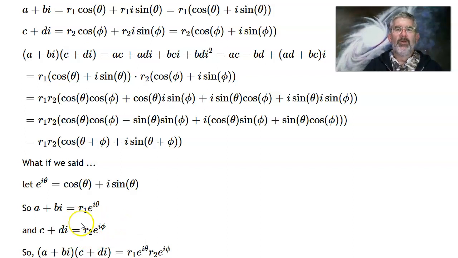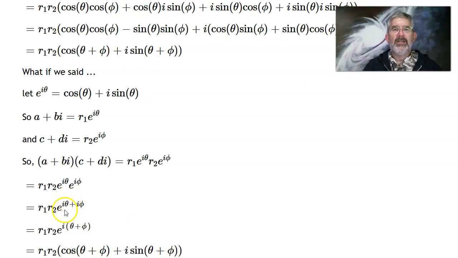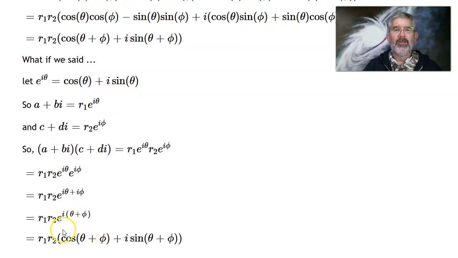But notice what happens when you multiply these two things together. How do you multiply those? Well, you got four things being multiplied together, so do it in any order you want. So put the r's out in front first. And then you got the product of those two exponentials. Now, how do you multiply two things with the same base? You keep the base and you add the exponents. So I'm multiplying, yes, but in order to accomplish that multiplying, I have to add certain pieces of it. So this ends up being e to the I theta plus I phi, and you can factor the I out, and it looks like this.